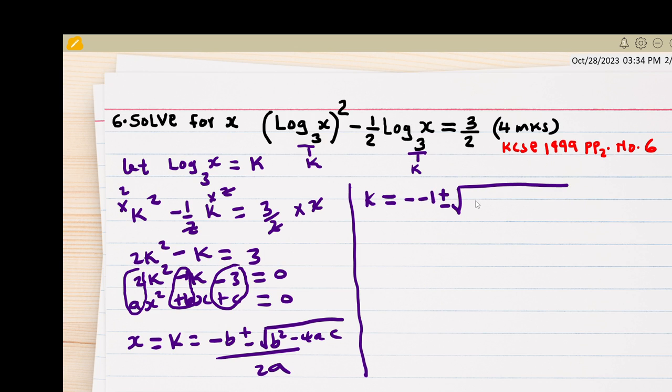The b is negative 1, the coefficient of k, negative 1 squared, minus 4 multiplied by a, the value of a is 2, then the value of c is negative 3, then the whole thing divided by 2 multiplied by a, my a is 2.